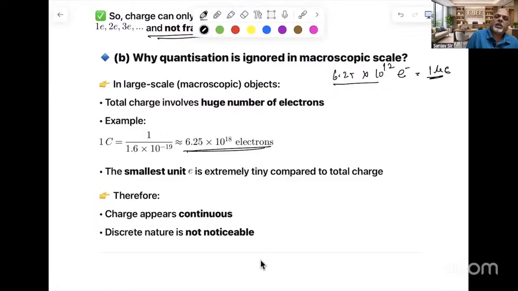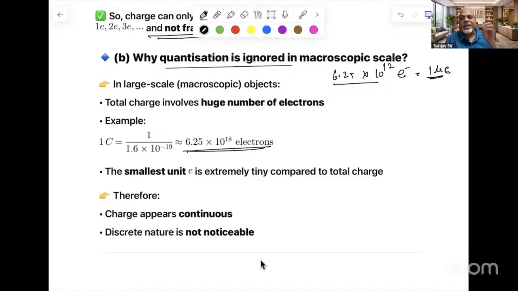That's why quantization, or you can say graininess of the charge, is completely ignored. It appears continuous, like your water appears continuous.